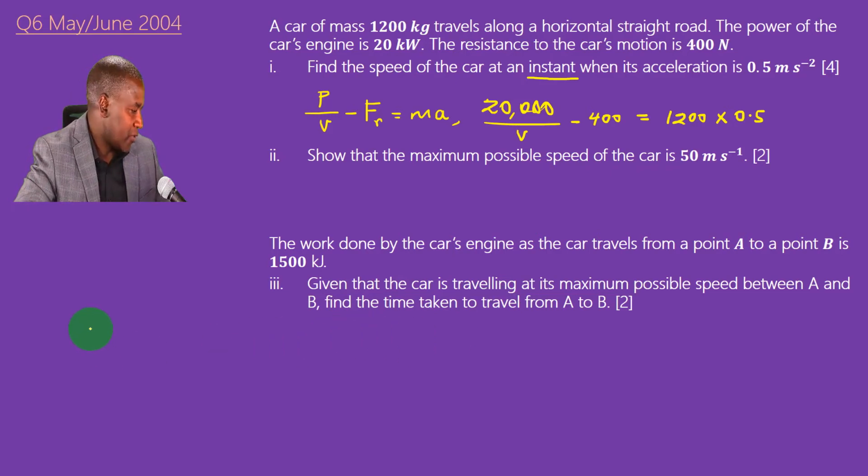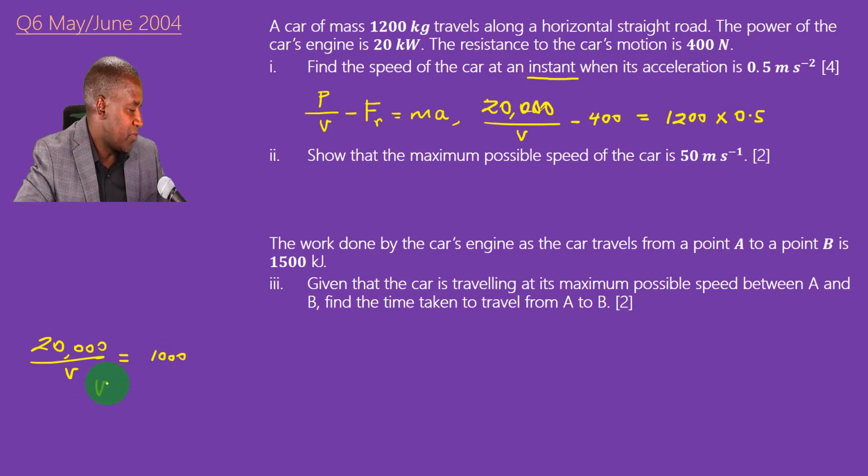Apparently here, I don't seem to have much space. So I can have my 20,000 over the speed is equal to, on the right hand side, 600 plus 400, I'm going to have 1000.